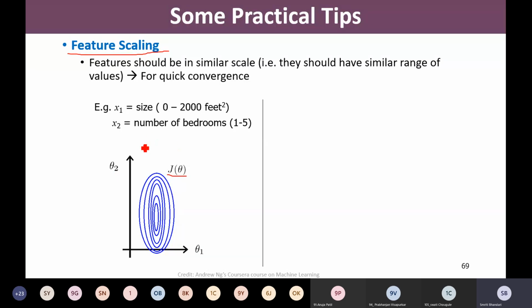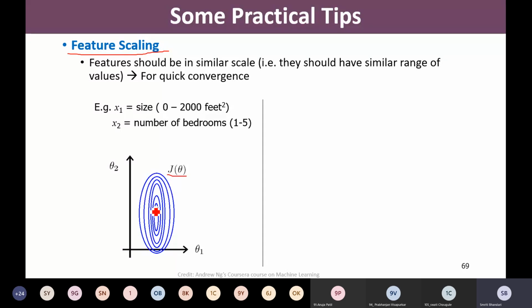Let us assume that theta 0 is 0. Since the values of x1 and x2 are not in a similar scale, our contour plot will look like the one shown on this slide.